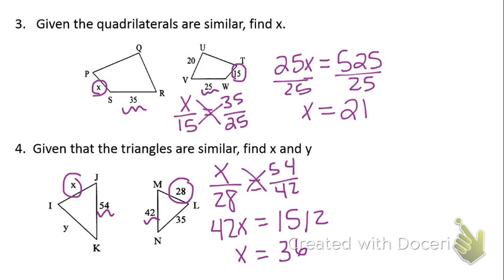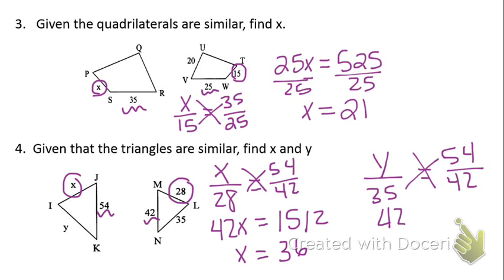And then we also want to find y, so we see that y matches with the 35. And then we can use that same 54 over 42. Again, we cross multiply. And 54 times 35 is 1890.